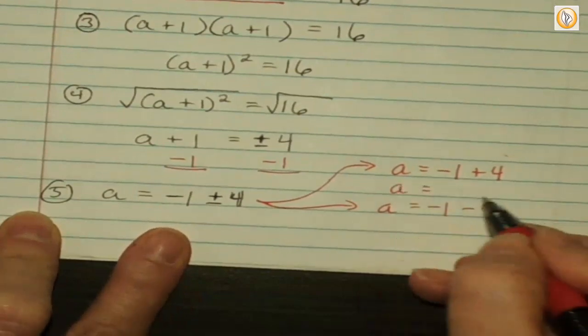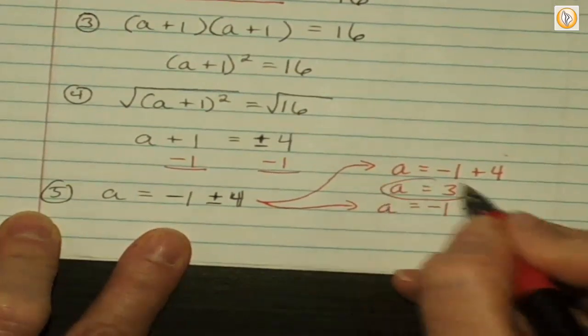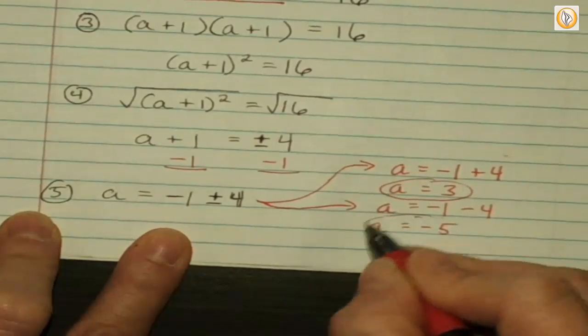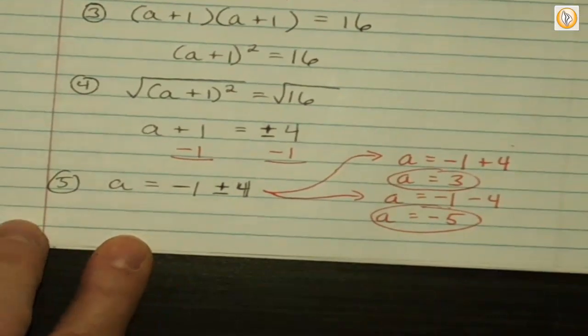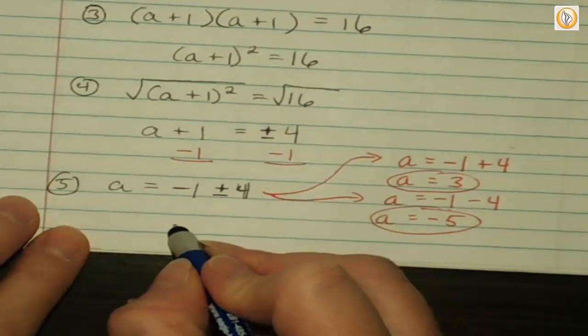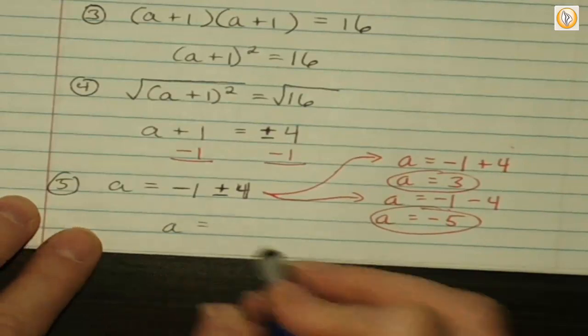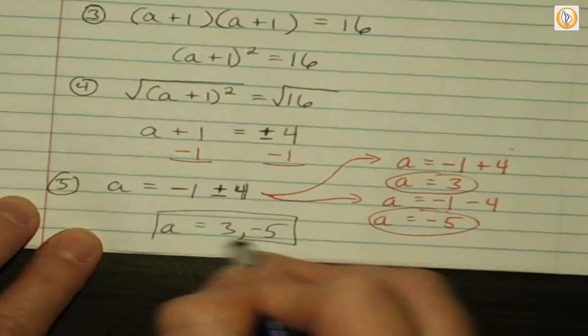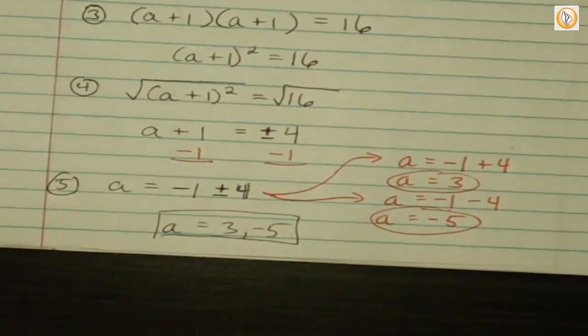So then a equals 3 right there, and then a equals negative 5 right there. So your answer is a equals 3 and negative 5. This is your answer.